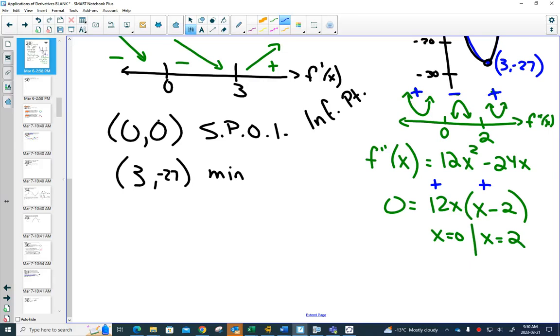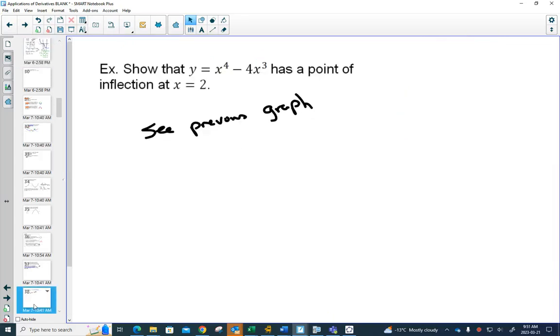So as far as the question was to show that it has an inflection point, okay? So we would say, as far as showing that, since f double prime of 2 equals 0, that's our reason number 1.